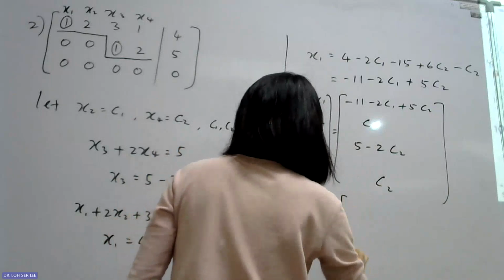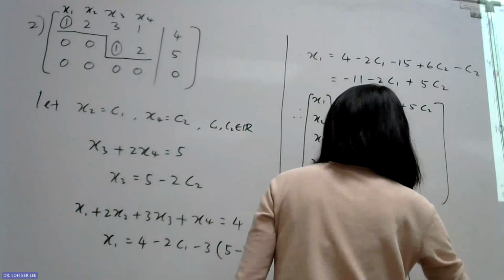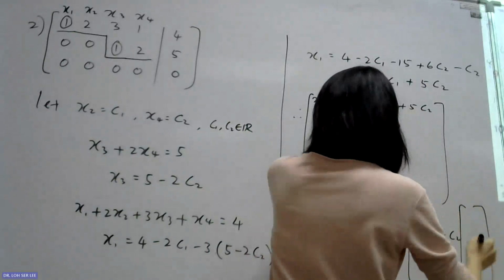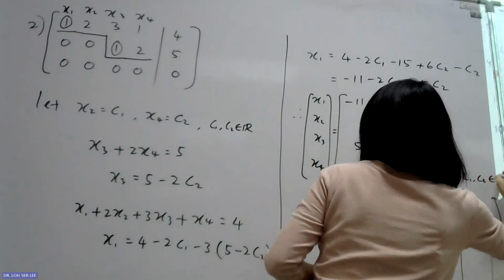Okay, then you break this into the values only, the one with c1, the one with c2, and then you denote here c1, c2 in real.